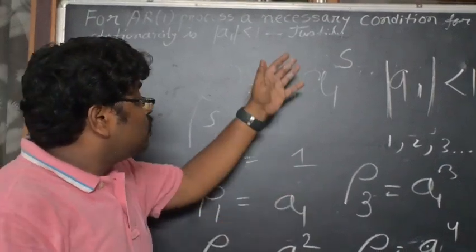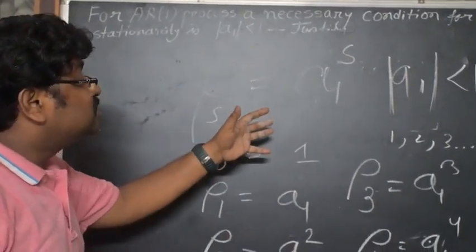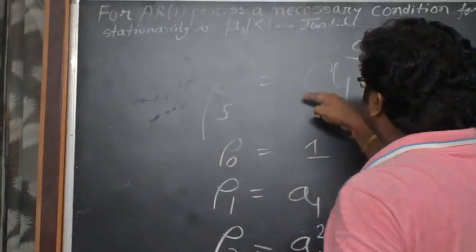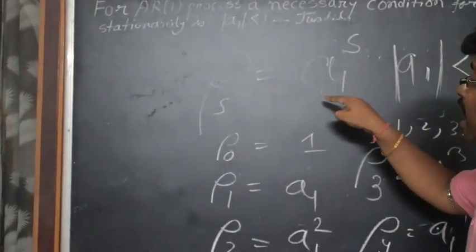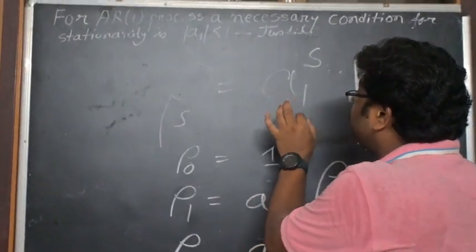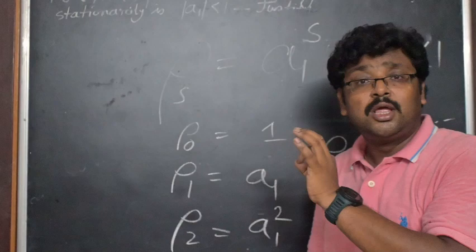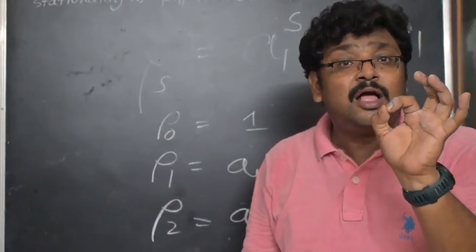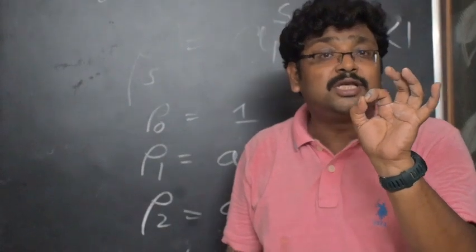So in the case of a stationary series, a1 should be less than 1, and the correlation coefficient values will be very low and negligible, and those values are not significant.